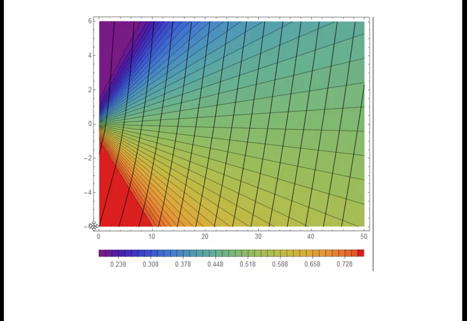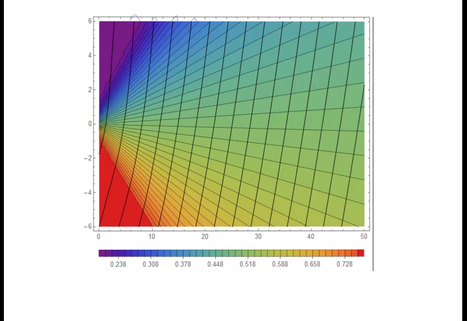What you see here are the trajectories going up. I could put arrows, if you will. But the other straight lines, the fan, those are the characteristics. I wanted to show you how the trajectories look when you have a rarefaction fan.